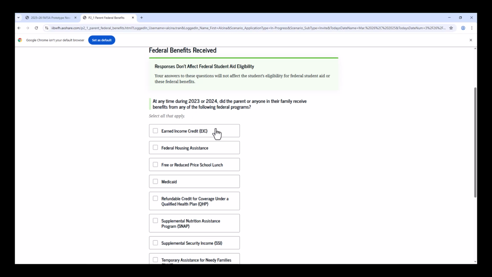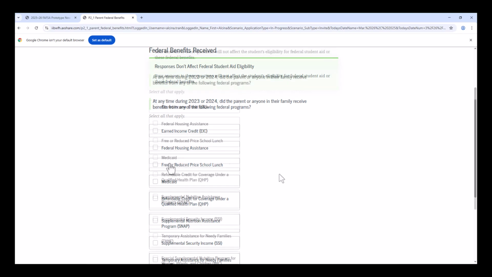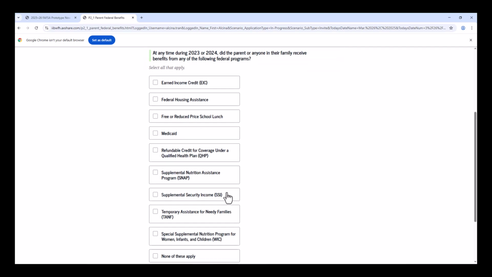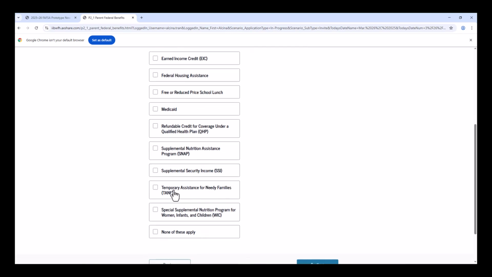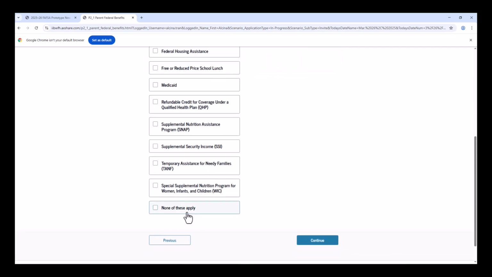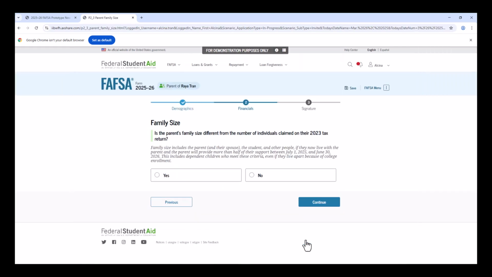So, Earned Income Credit, Federal Housing Assistance, free or reduced price school lunch, Medicaid, refundable credit for coverage under a qualified health plan, Supplemental Nutrition Assistance Program or SNAP, SSI or Supplemental Security Income, Temporary Assistance for Needy Families or TANF, and then Special Supplemental Nutrition Program for Women, Infants, and Children or WIC. If you or anyone in your family did not receive any of these benefits, you will select none of these apply and continue on with the form.